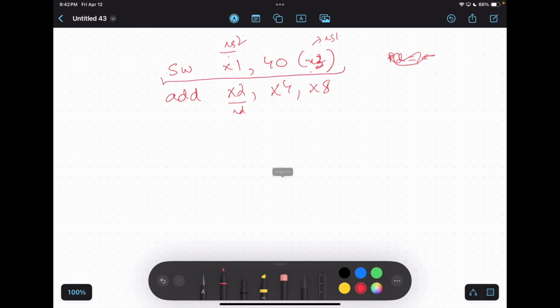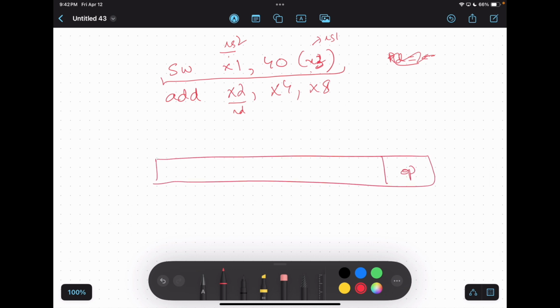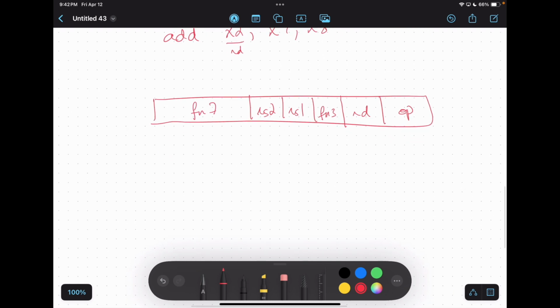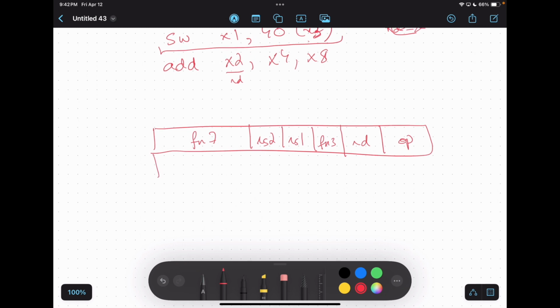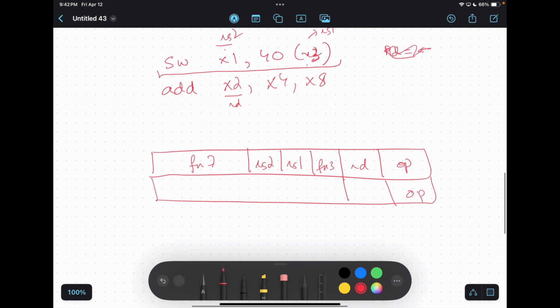For example, we call it the instruction encoding format. We have the instruction encoding format as opcode, and then generally the RD comes here, and then func3, then rs1, rs2, and then the func7 field, right? For the SW, we have the same format, the opcode, but in SW there is no RD.